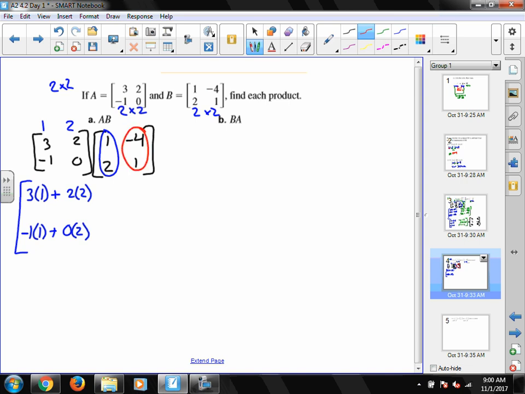Go to my next column, negative 4 and 1. So I'm going to get 3 times negative 4, negative 1 times negative 4, and I'm going to add on 2 times 1, and I'm going to add on 0 times 1.